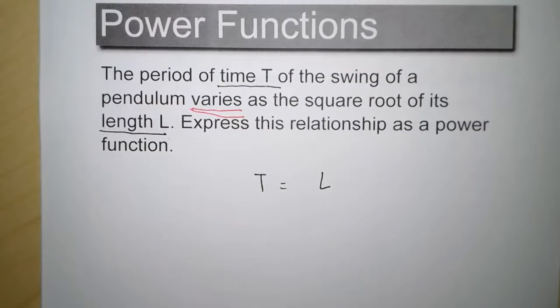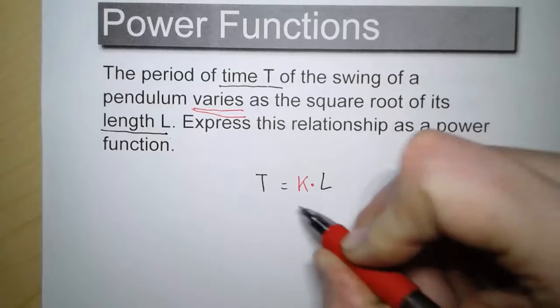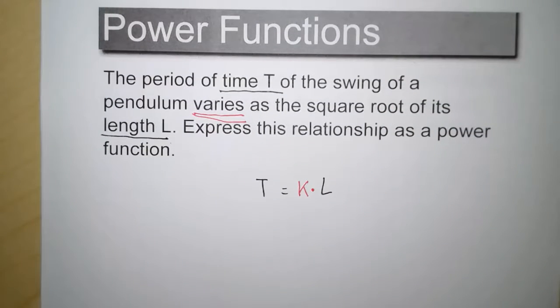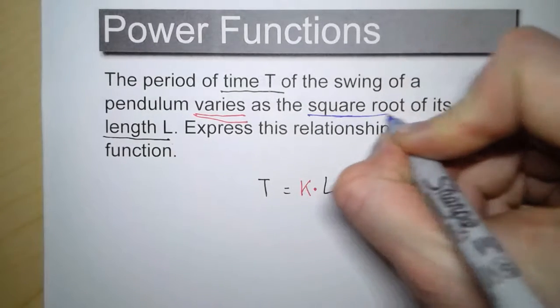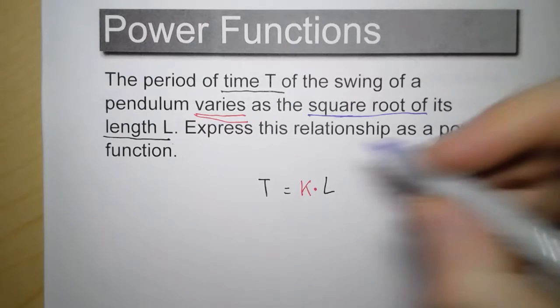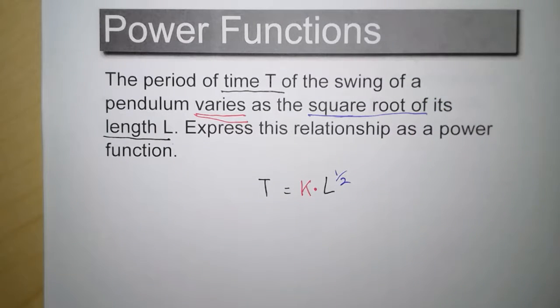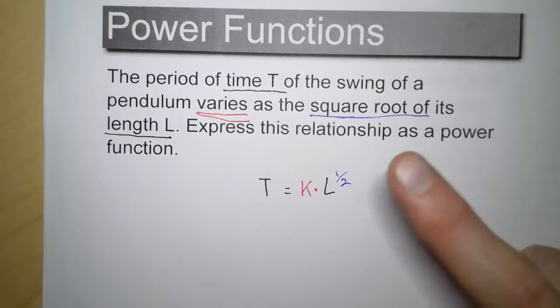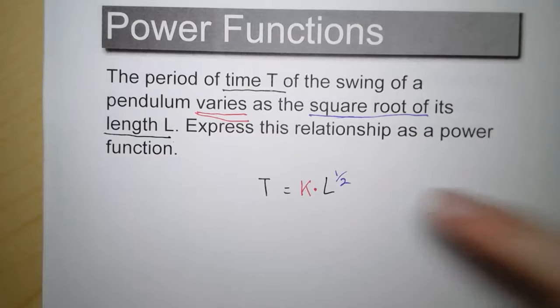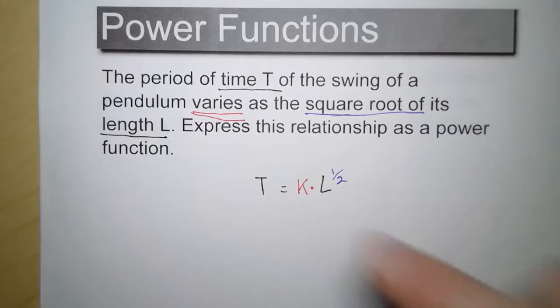That's different than equal to, because we're multiplying by some unknown constant. That is the constant of proportionality. And it says as the square root of its length. Now, as a power function, we can write that as L to the 1/2, because we've identified before that the square root is the same as the 1/2 exponent. So that's what this power function would look like.